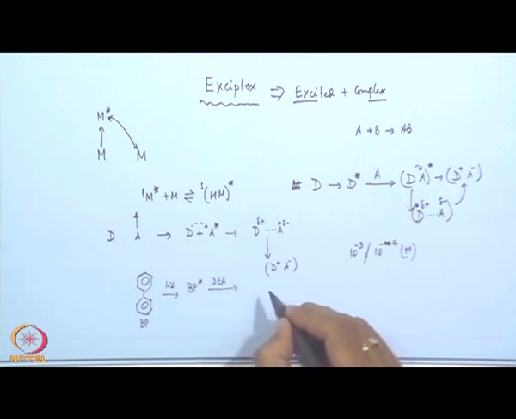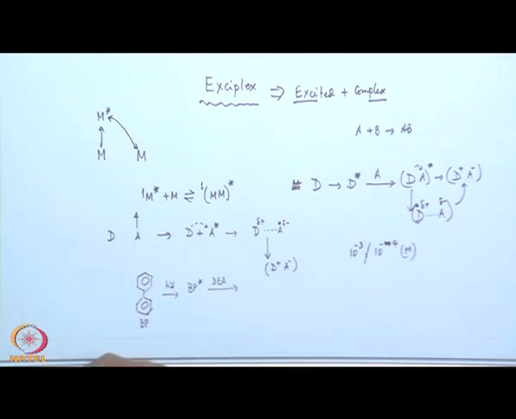So, you will get an additional band, and that corresponds to a new species which I am talking about over here, which is your exciplex, excited state complex.